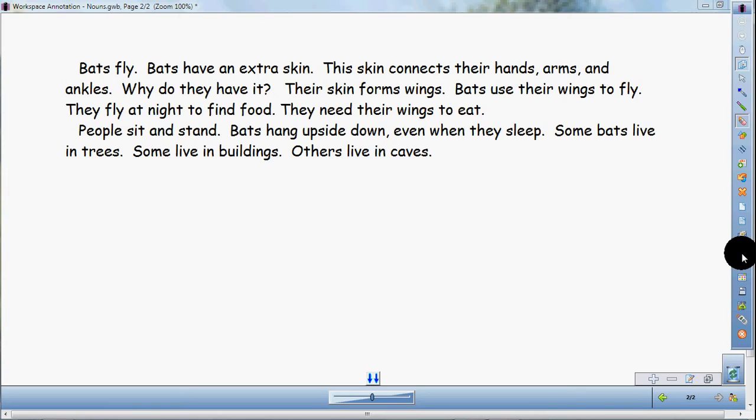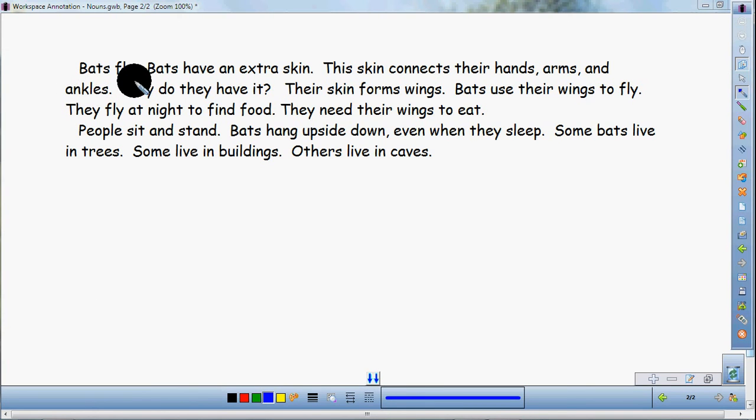Listen to the directions. Listen and follow along as your teacher reads these paragraphs to you. Find the nouns, words that name people, places, and things. Underline the nouns. Okay, so let's read the sentences together.